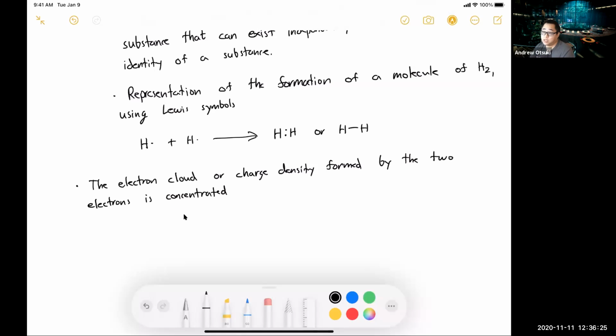And so that bond region, as we showed earlier here, is where the electron density is going to be concentrated between the two atoms.